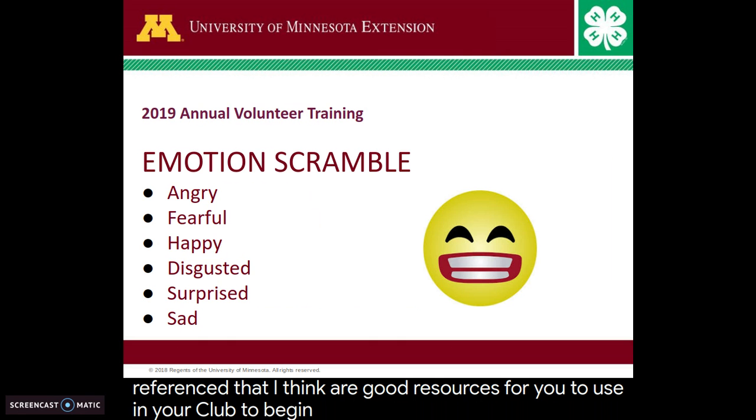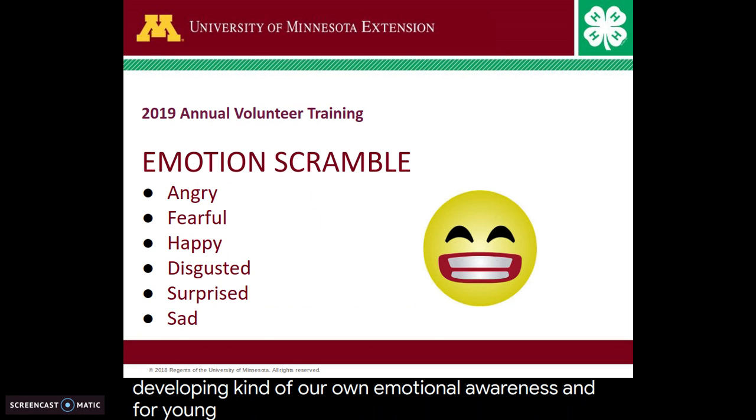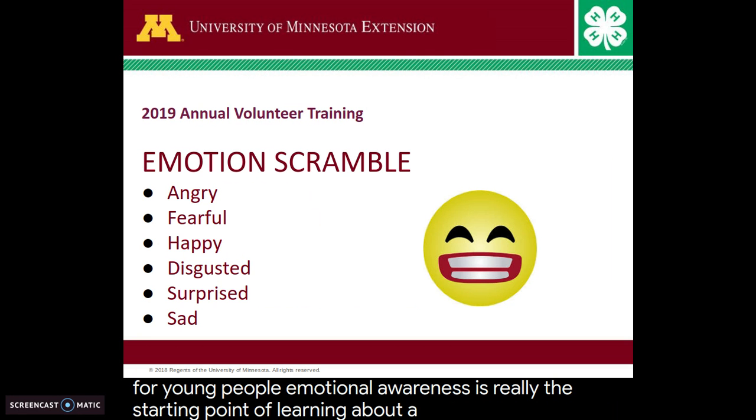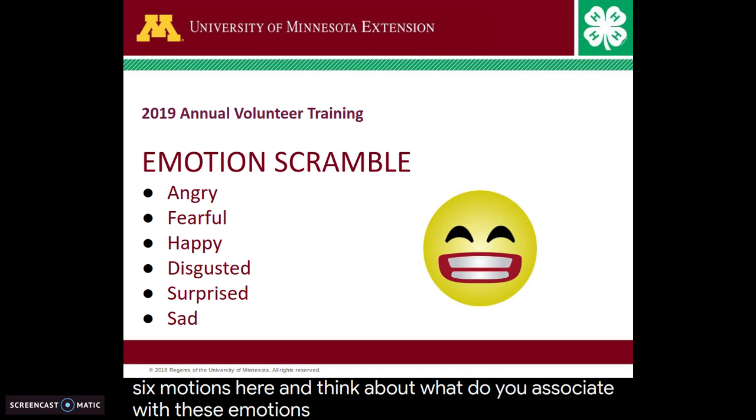To begin, I want us to think about developing our own emotional awareness. For young people, emotional awareness is really the starting point of learning about SEL skills. I have 6 emotions here, and think about what you associate with these emotions. Are there other emotions that you would add?